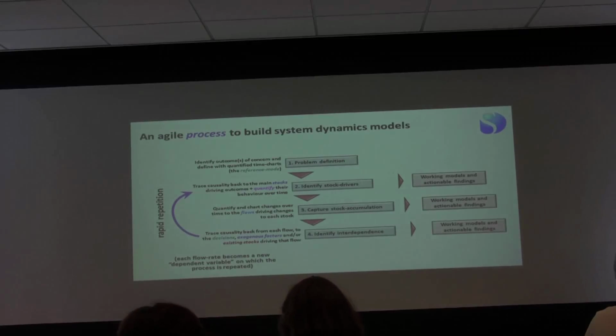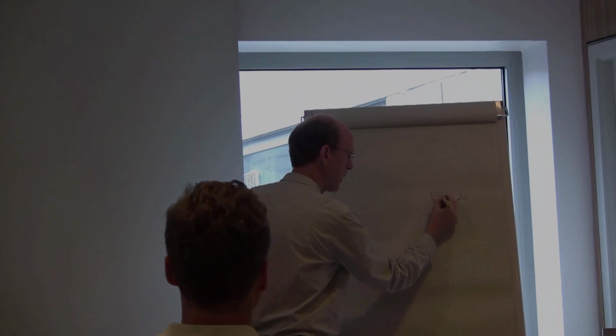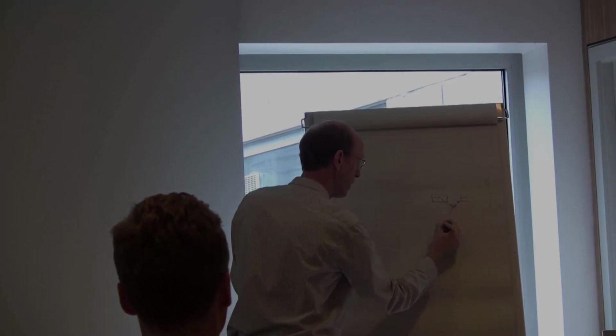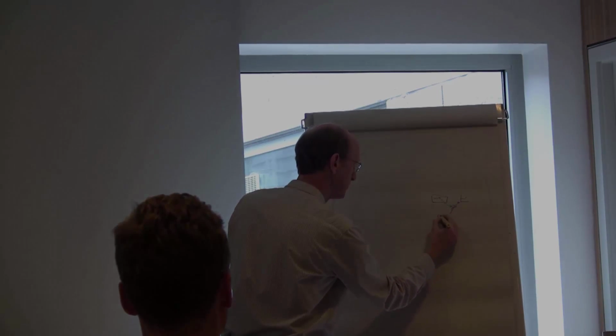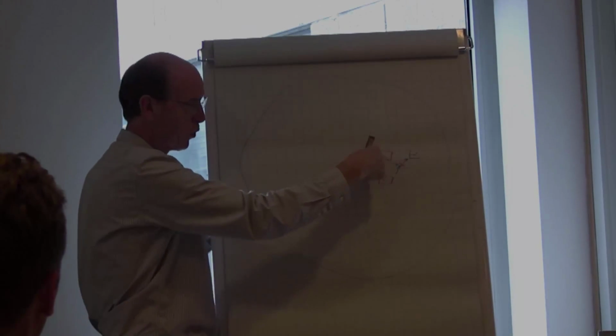If this is the whole plausible boundary of the problem, so this is everything that could possibly be involved, I started with my little chart here, and I worked it back, and I figured out that it's this stock here which is doing that, and this stock here, there's something else going on there, that's this stock here doing that, and that's explained that. So that's the stocks that drive performance.